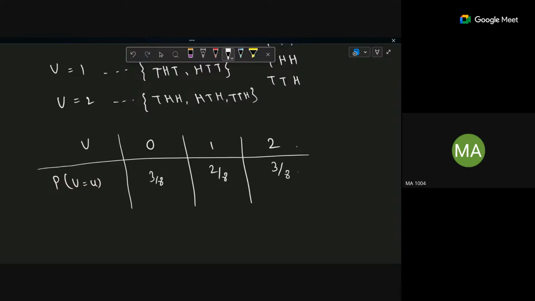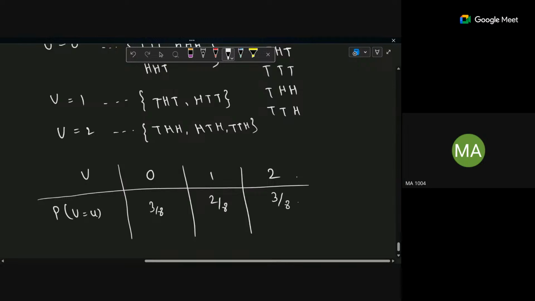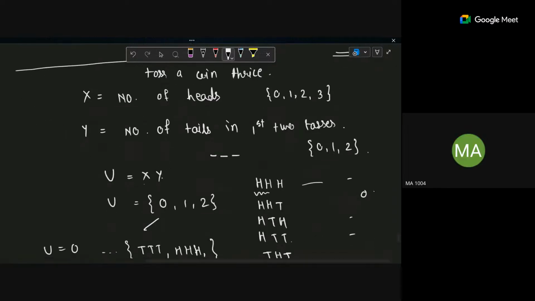Any doubt? Why are we saying that the range of U is 0, 1, and 2? U is a random variable which is nothing but the product of X and Y. X is taking values 0, 1, 2, and 3. Y is taking values 0, 1, and 2. Now you have to multiply among these elements.